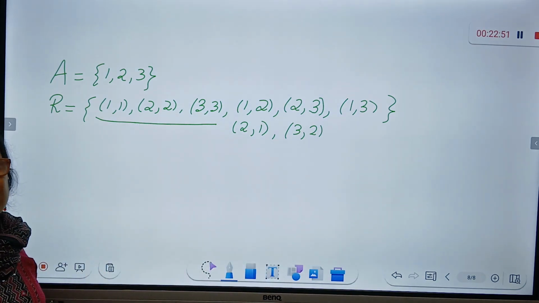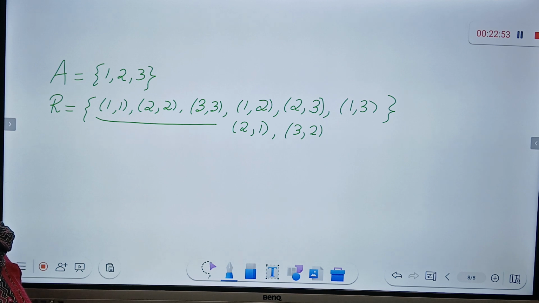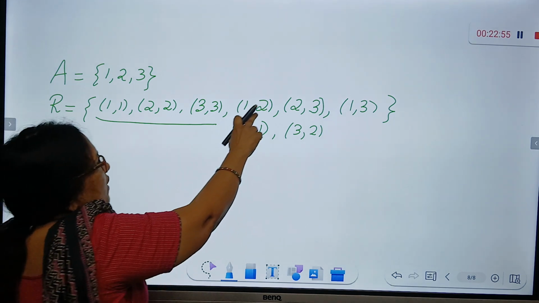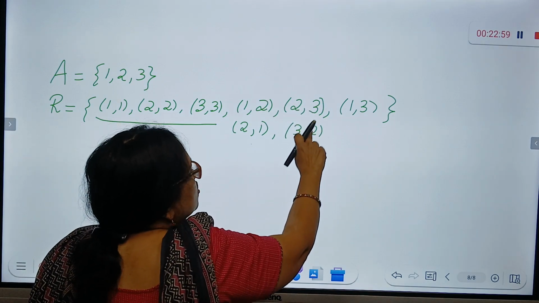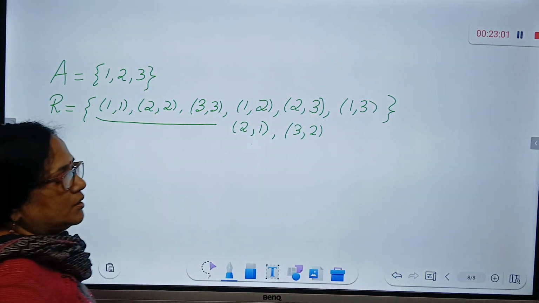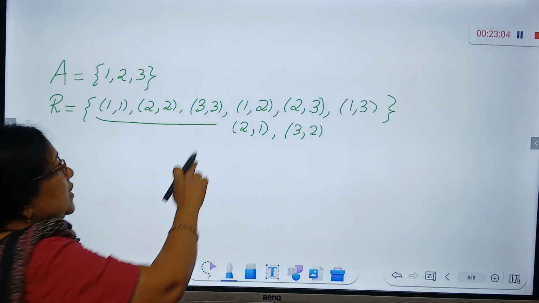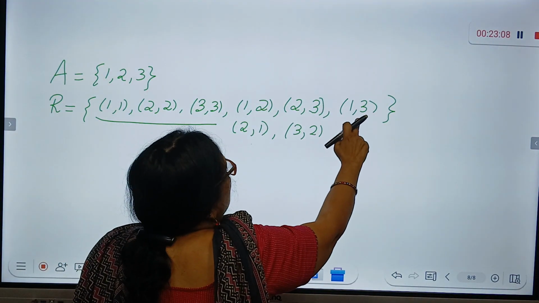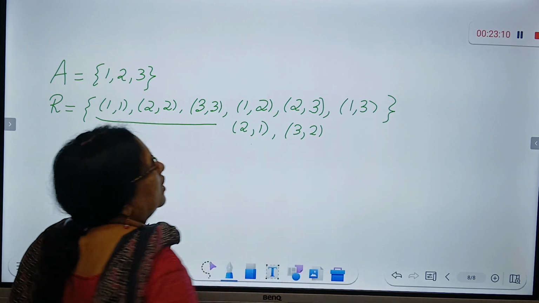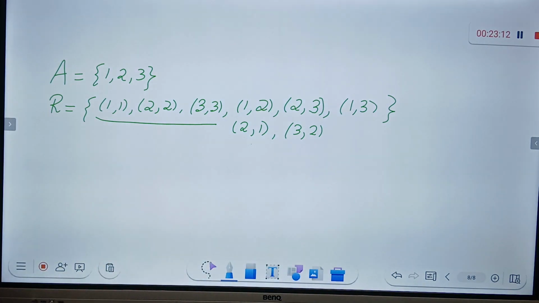I am trying to make it into a symmetric relationship. So, (1, 2) belongs to R implies (2, 1) belongs to R. (2, 3) belongs to R implies (3, 2) belongs to R. Now, what about transitivity? (1, 2) belongs to R, (2, 3) belongs to R, (1, 3) also belongs to R. Therefore, it is a transitive relation.